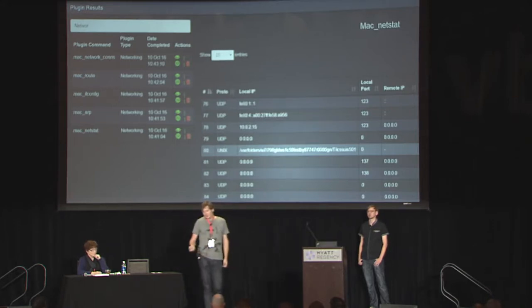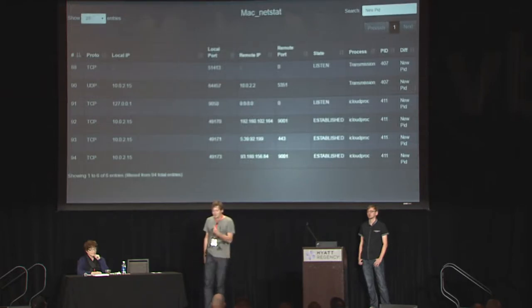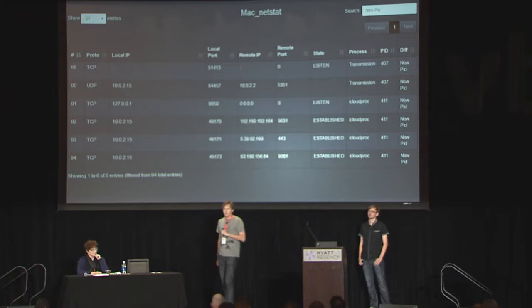In this netstat output we filter, of course, new pid. Now we see that Transmission opened UDP and TCP connections, and iCloudProcs, the Tor client, also established some connections. If you extract those remote IPs and put them in a web search, you would find out that those are Tor nodes. So everything makes sense.